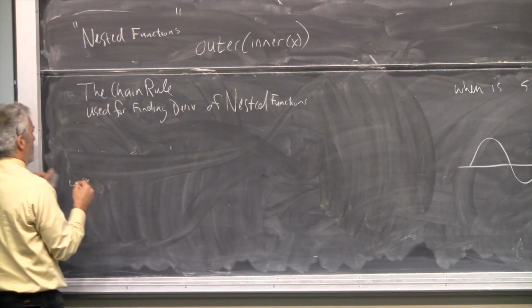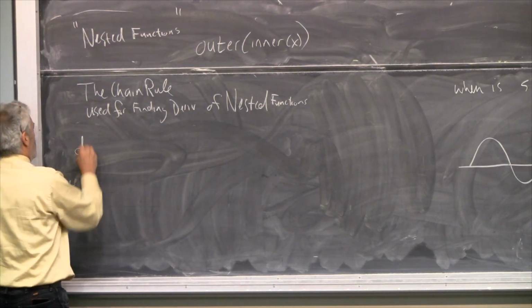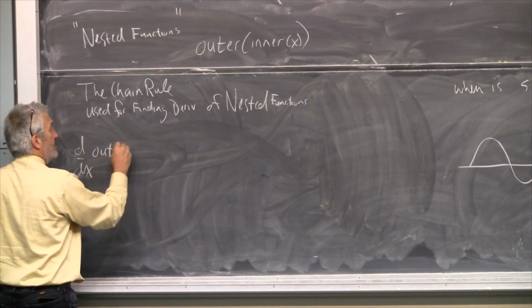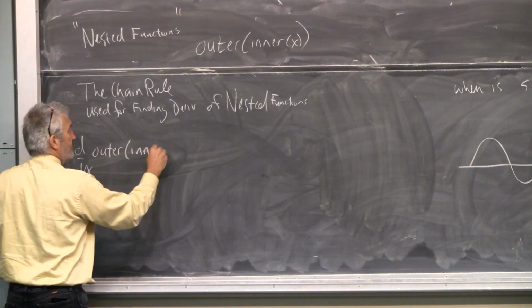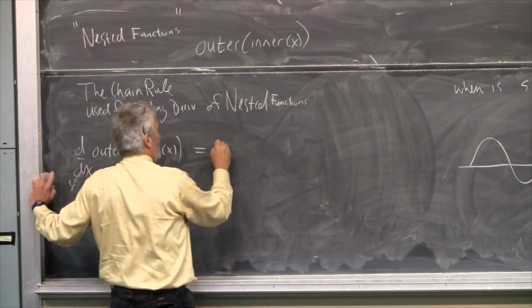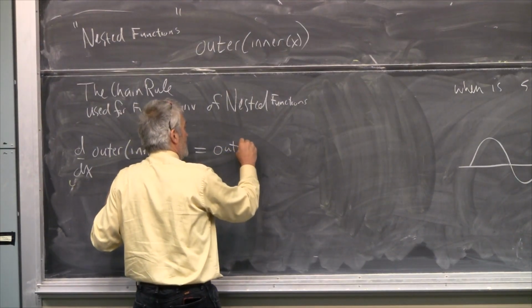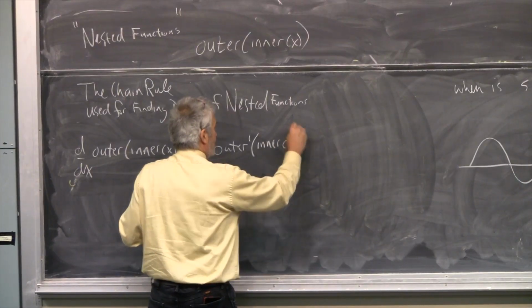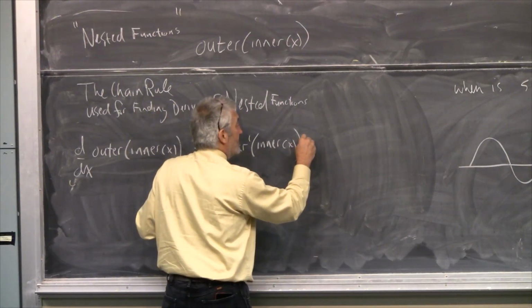And it says this: the derivative of one of those babies, so outer parentheses inner parentheses x, is this: outer prime parentheses inner of x times inner prime.